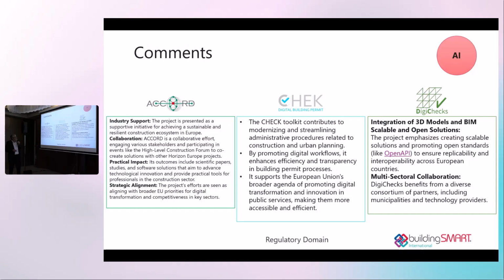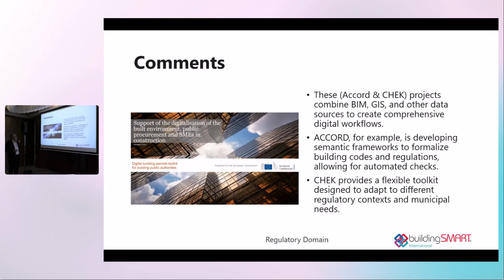Okay, comments. Now I have a comment from AI, but as usual, when you have a comment from AI, I did this just to say, okay, let's start from this, but AI is quite stupid in this case because it's very generic. Good comments come from this document emitted by the European Commission, but it was in 2023, so at the beginning of the project, and it was not reporting anything about DigiCheck other than that it was a sister project that was launched.